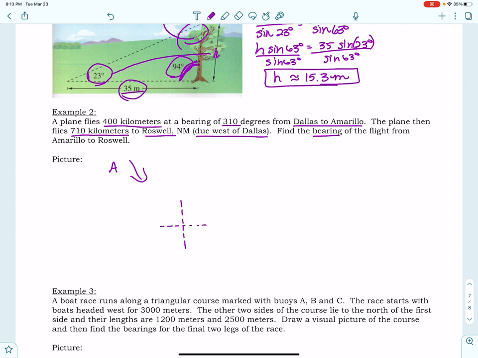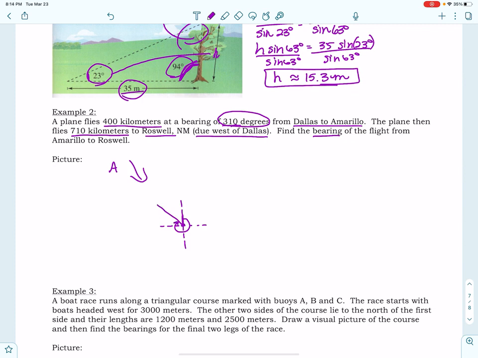This is a true bearing right here. It's not a directional bearing. So we are starting north right here, and we are moving clockwise 310 degrees, which would be roughly right there. I am going to draw that out. There's my 310.